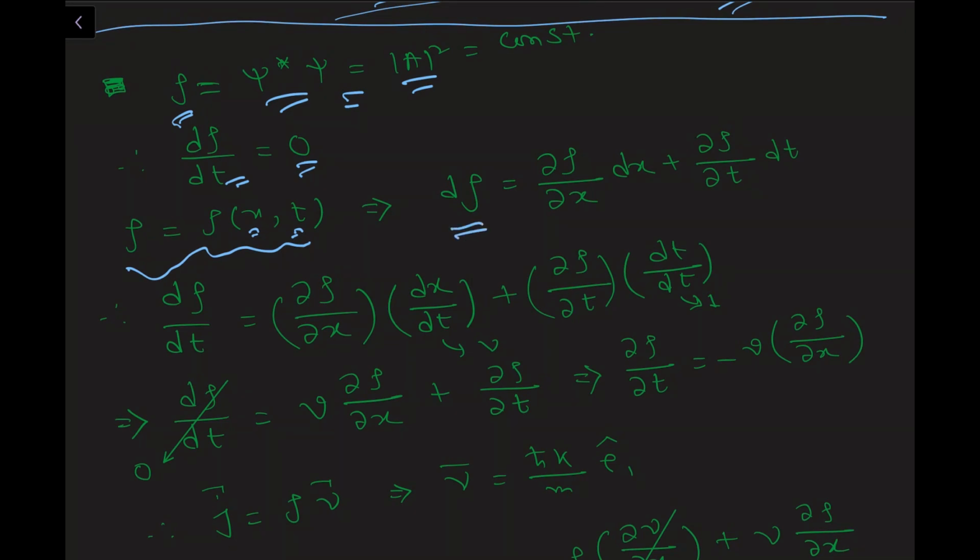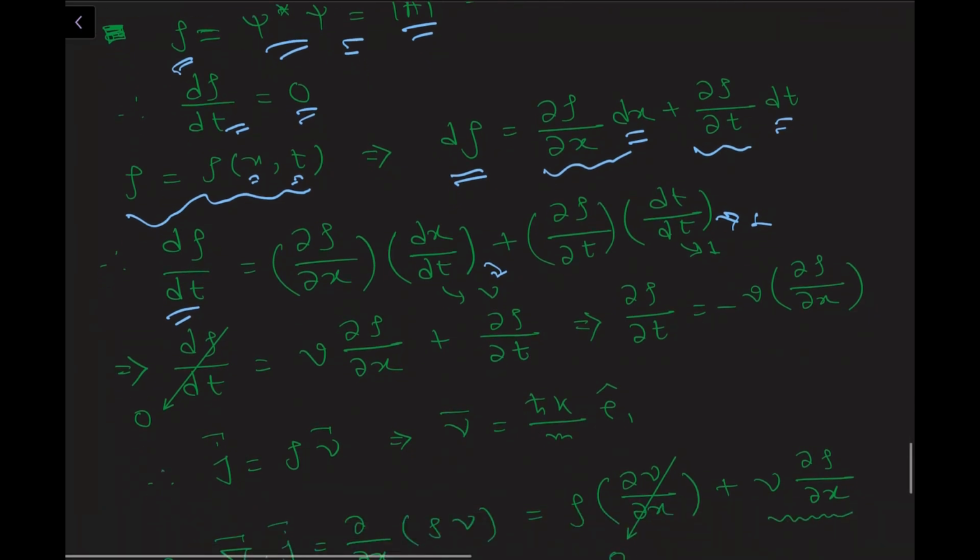Now d rho, using the formula of partial derivative, will be del rho del x into dx plus del rho del t into dt. Taking the full derivative, d rho dt will be del rho del x into dx dt plus del rho del t into dt dt. So dt dt will be 1, and dx dt is velocity.